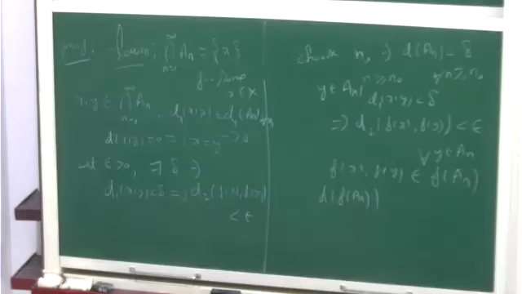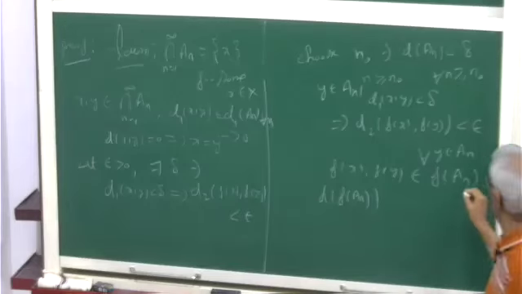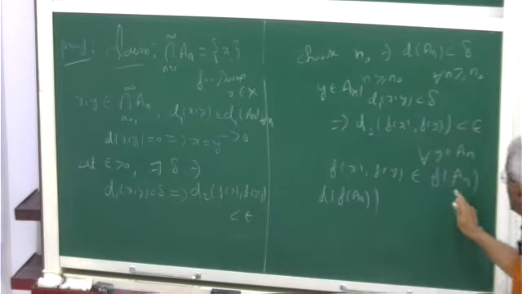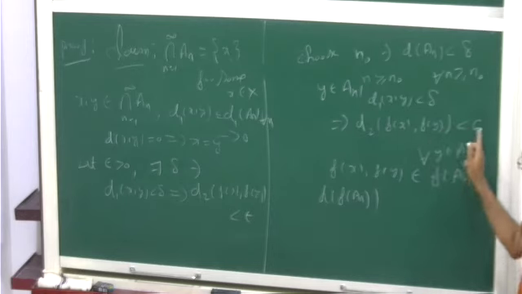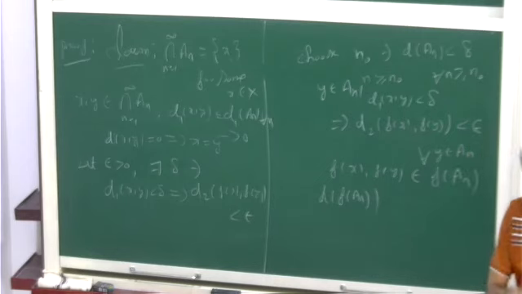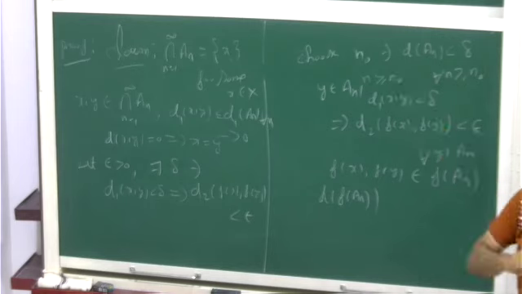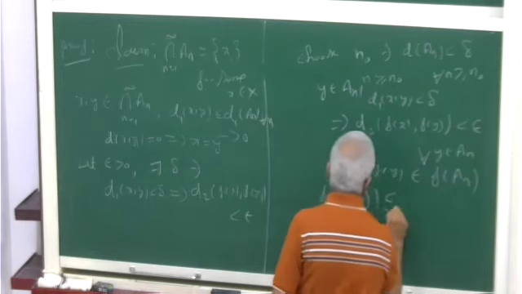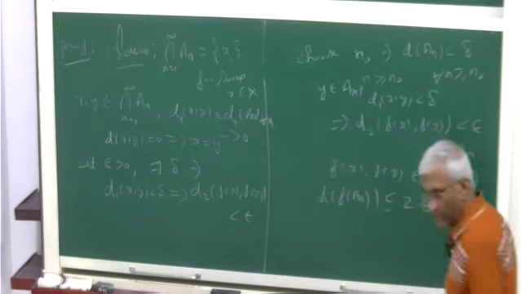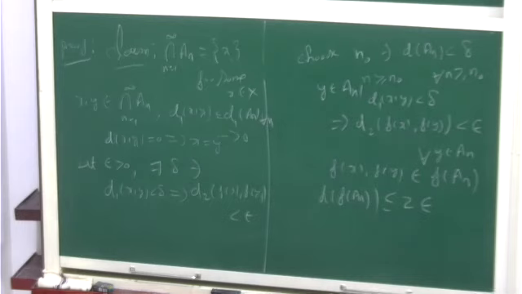The distance between x and y is less than this, and this is f of A_n, and this shows that the distance is less than epsilon. The diameter will be double that, right? Distance between any y and y prime is going to be the distance between x and y prime, sum of those two things. So notice that this is less than or equal to 2 times epsilon, which is the supremum, correct? By triangle inequality. Just think about it.